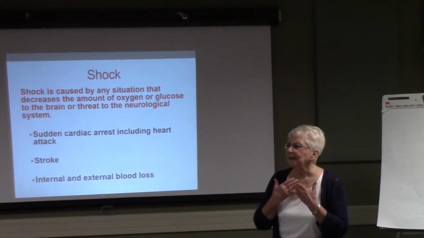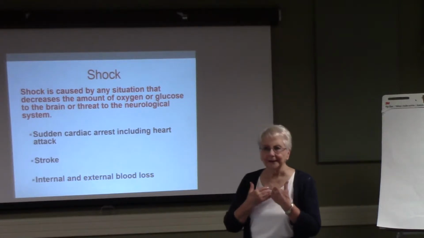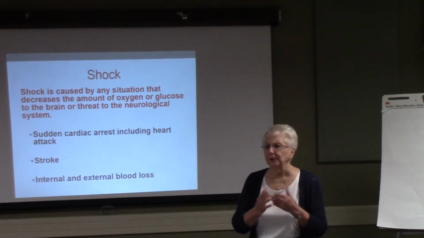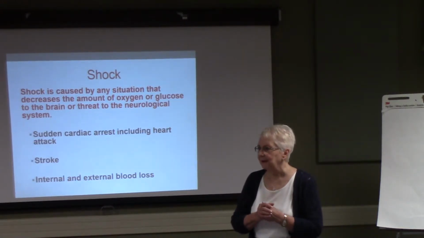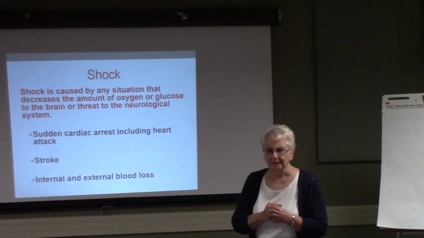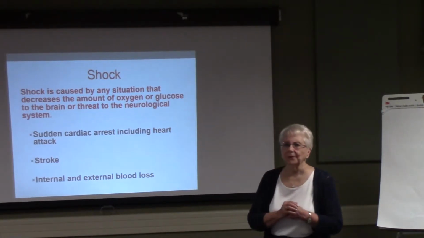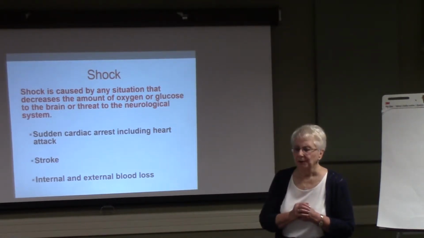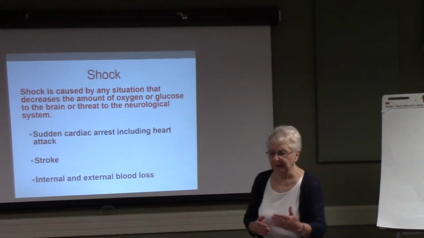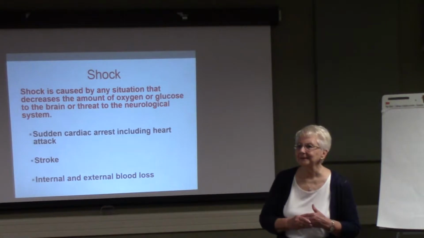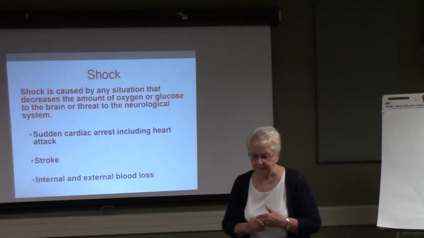The body doesn't take kindly to that, and the brain doesn't like it at all. And people can go in shock just from hearing that a loved one has died. It's more like fainting. But shock is something you have to watch for. It can happen with almost any situation. But these are the main underlying things that are going on in the body. The brain isn't getting what it needs.